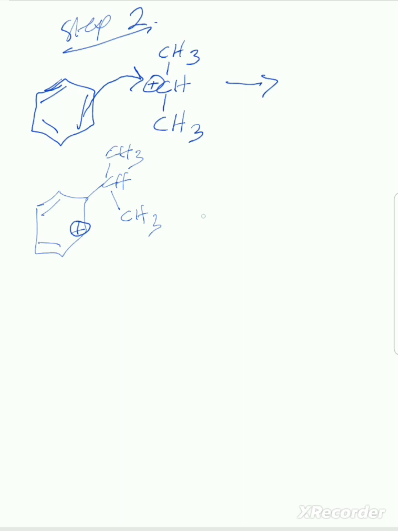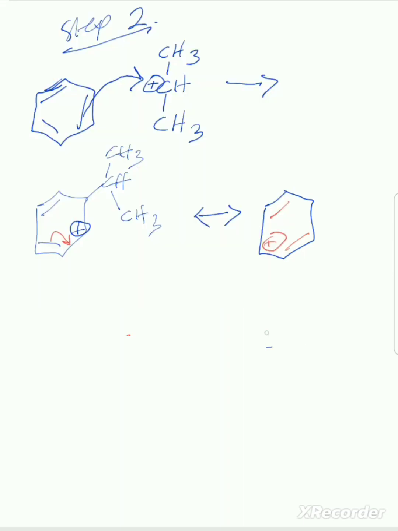Then we're going to have the charge there. Now we can form an arenium resonance by saying this bond can come here to stabilize this charge. When it comes here, it will be like this, and the charge will now be here.